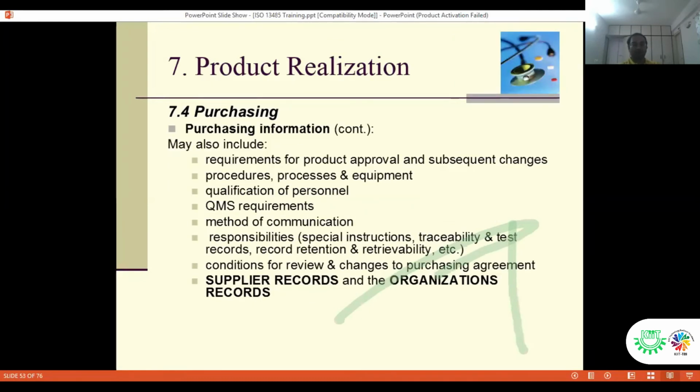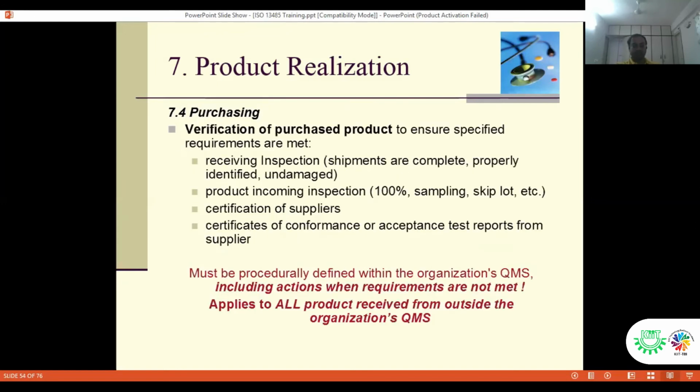So these are all the things which you have to consider when you are doing purchasing: human requirements, method of communication, responsibilities, everything. Here I talk about the verification of purchased product. It is the responsibility of the manufacturer that each and every shipment should be compliant with the specifications.